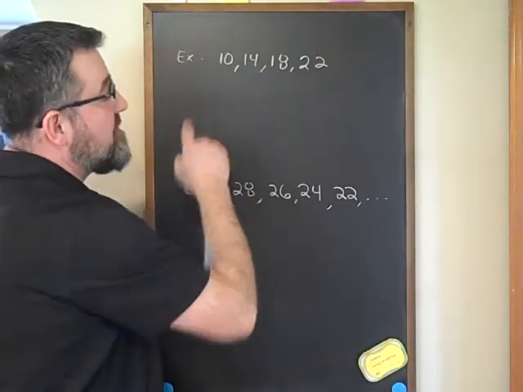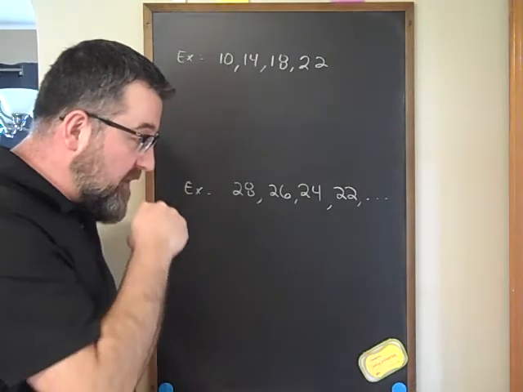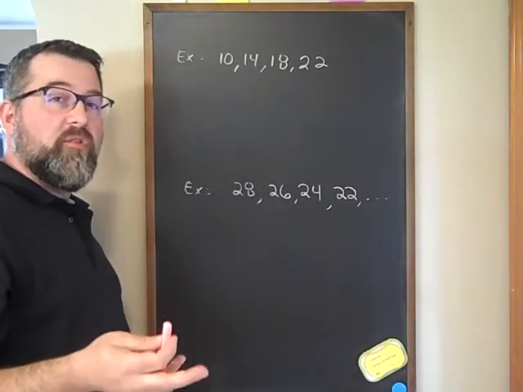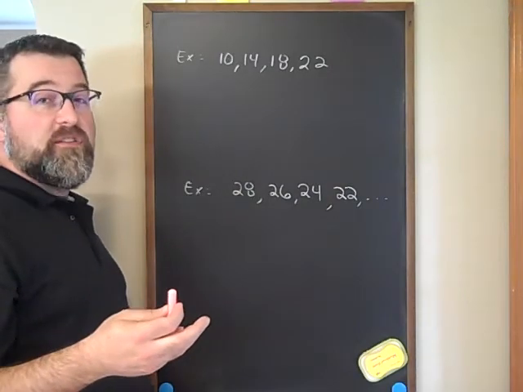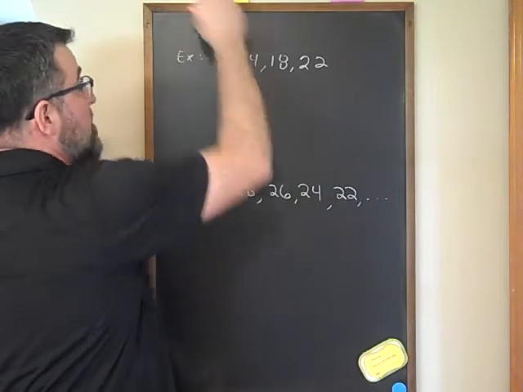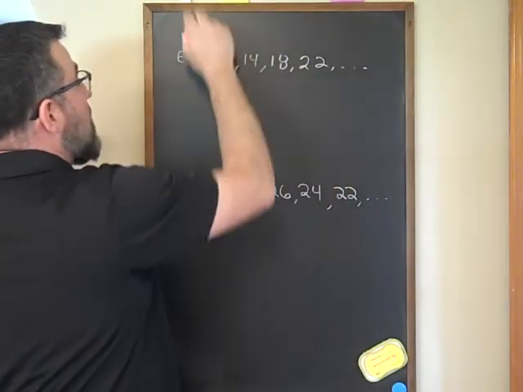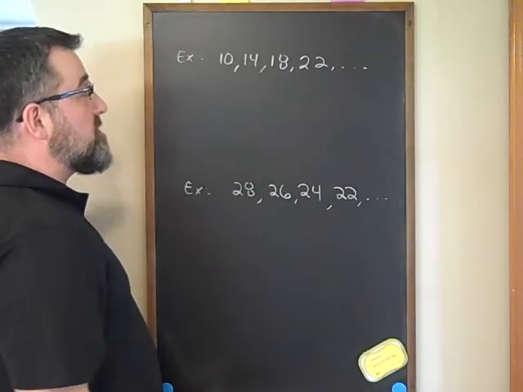All right, so these two examples follow the idea of how we learn how to write a sequence function given a sequence. So the first example, we have this sequence of numbers 10, 14, 18, 22.